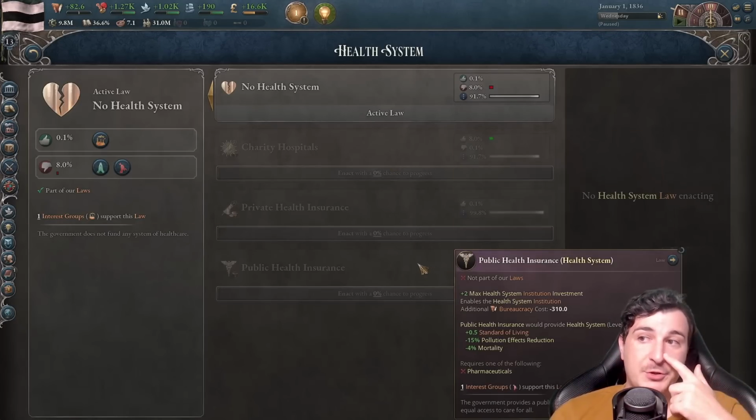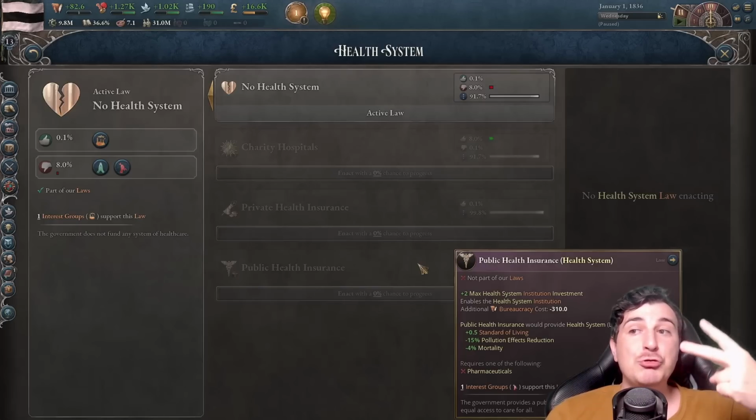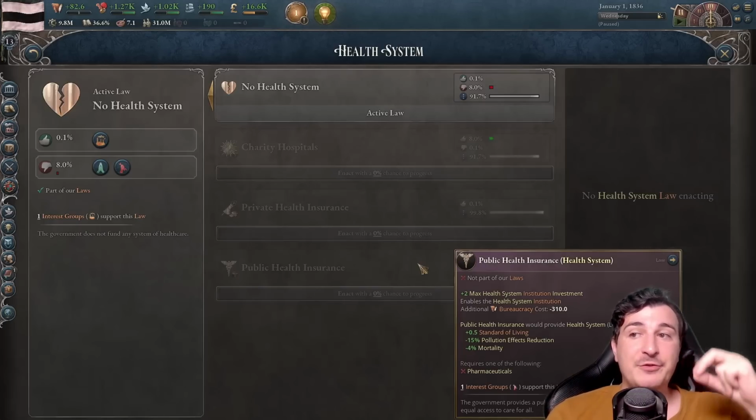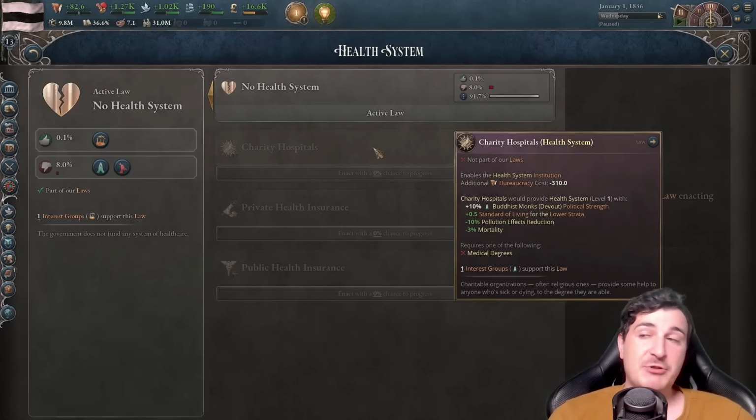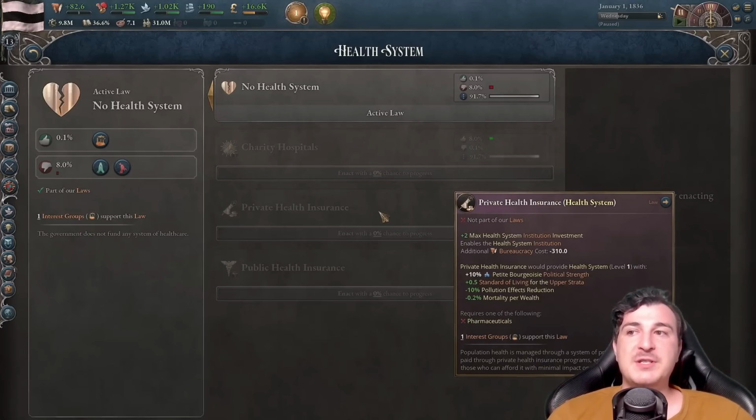So public health insurance is way better, not to mention it also gives 2 more maximum health system institution levels, whereas the charity hospitals does not give the extra 2 levels. And private health insurance is the same as a public one, with the exception that the standard of living affects only the wealthy and the upper class, and you get 10% pollution effect reduction.